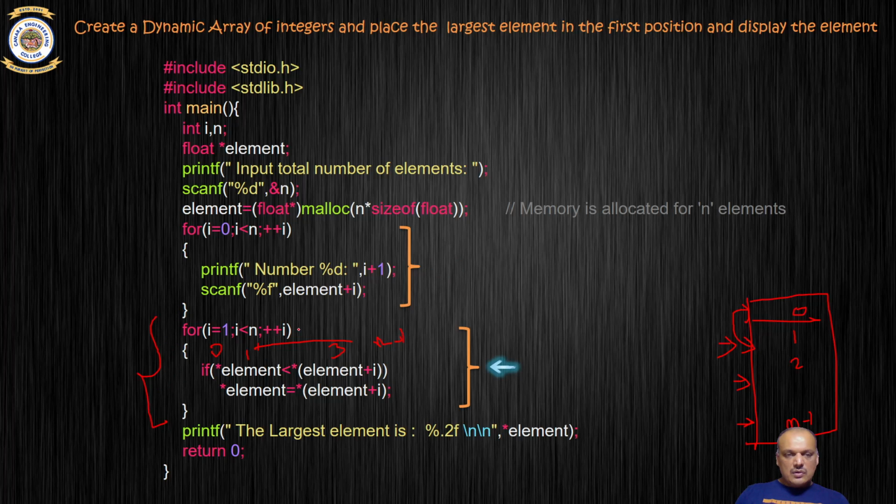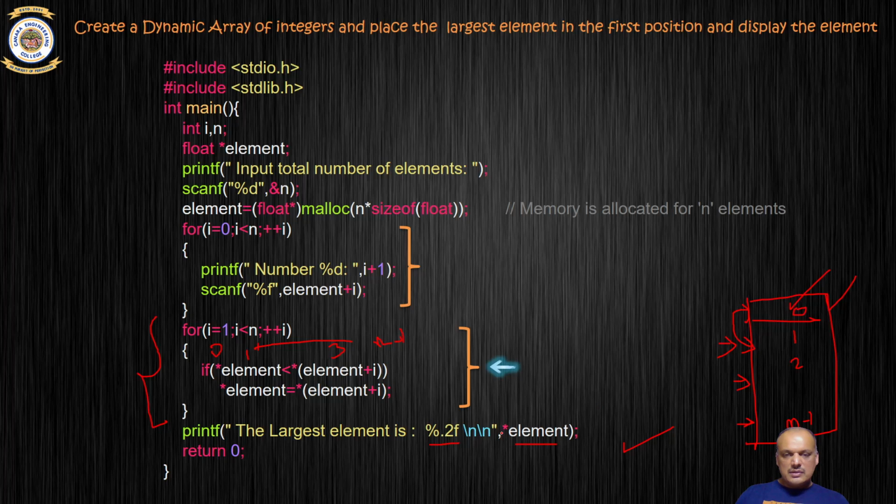Okay, so after iterating through the array in this for loop, the base address or the first element of the array will have the largest element, and then I print it out. I say the largest element is, and I print it out with the precision of 0.2 decimal values. I print out the first element of the array, that is the element at the 0th index.